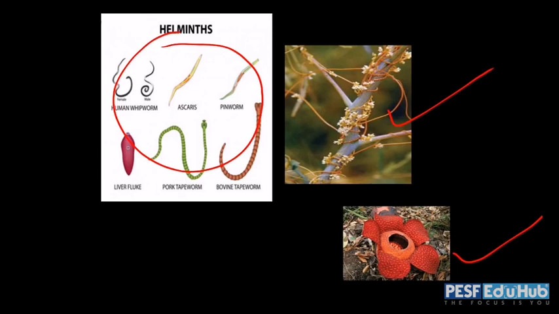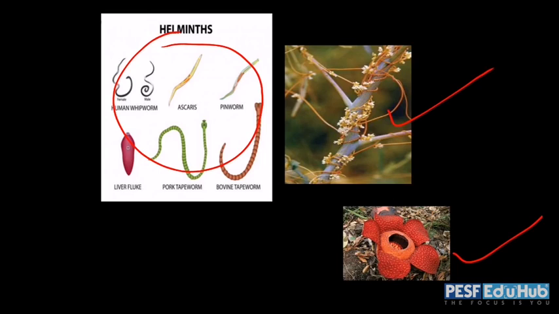So the type of nutrition in which an organism lives on the body of another organism and obtains ready-made food is known as parasitic nutrition. Some parasites are found outside the body of host, they are called ectoparasites. Some parasites are found inside the body of host, they are called endoparasites.